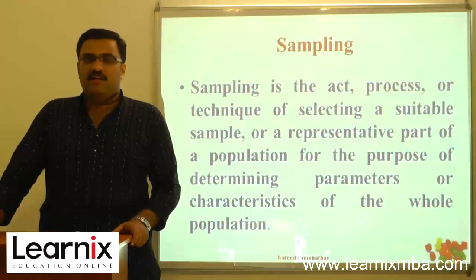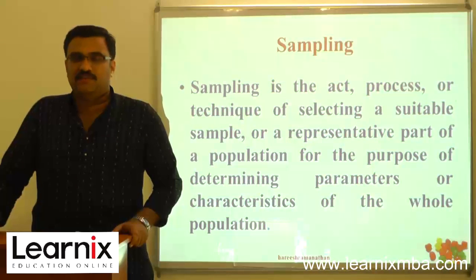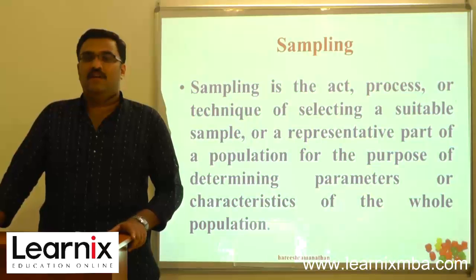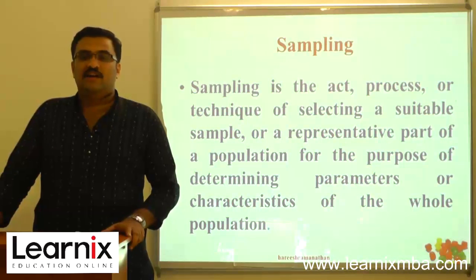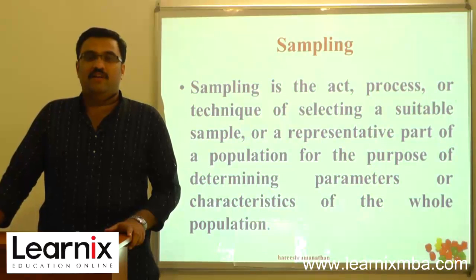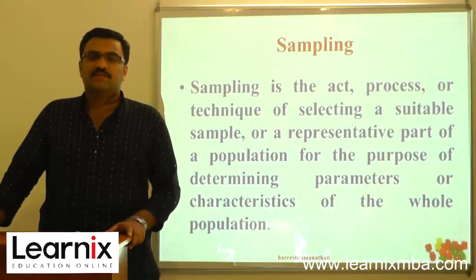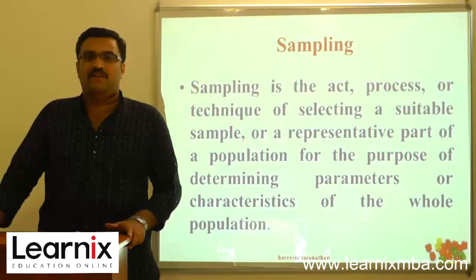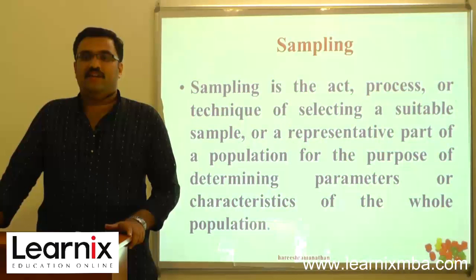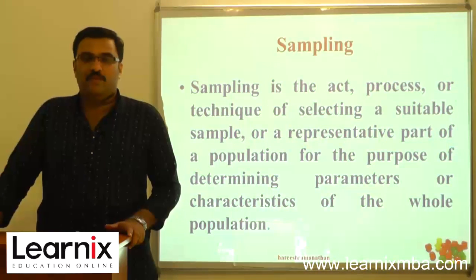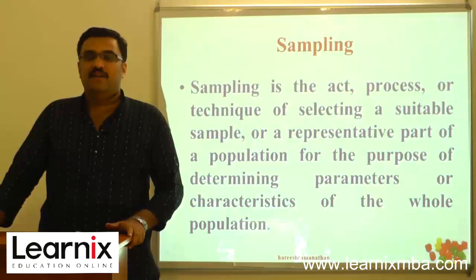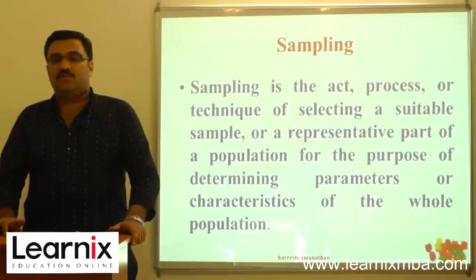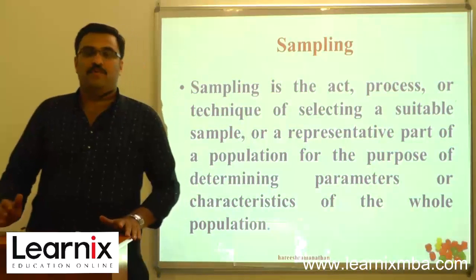Usually in case of social sciences and management, the population will be very huge, and in certain cases the population will be infinite also. In that case it will be very difficult to meet each and every element in the population, and hence the only way in front of us will be taking a sample which is truly representative of the entire population.